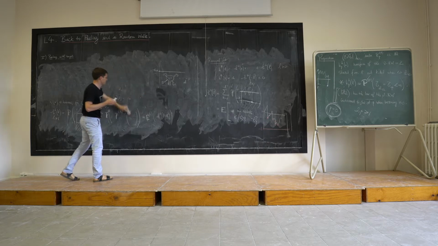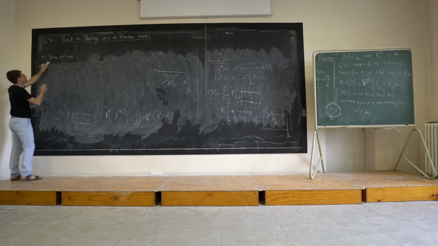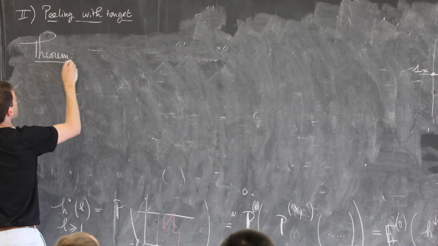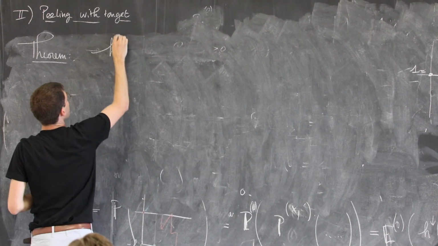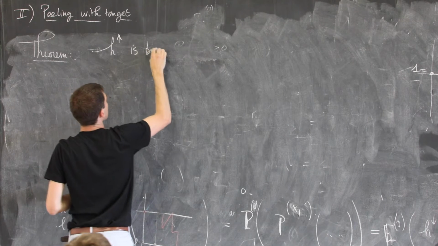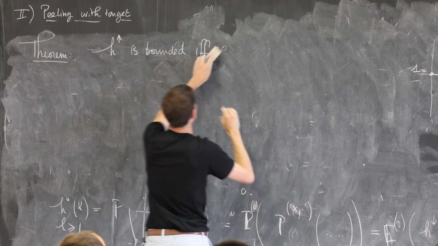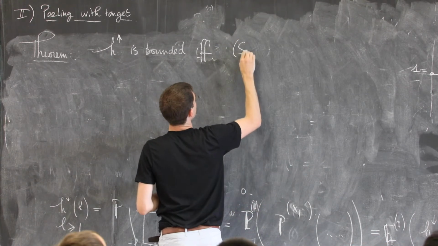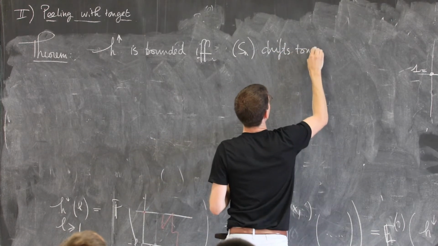So theorem, even. Theorem. This renewal function is bounded if and only if the walk drifts towards plus infinity.